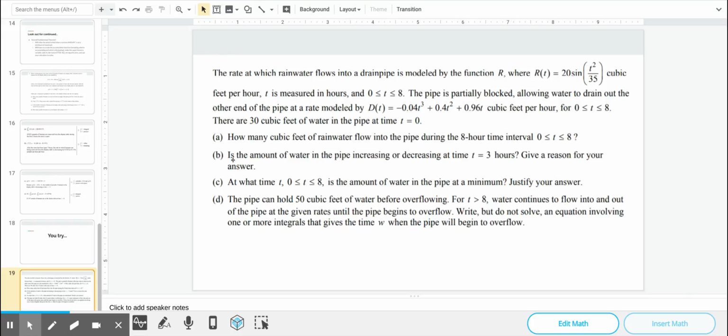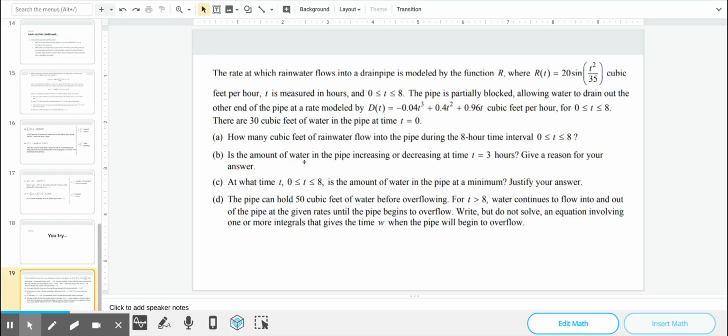So roll through here. The one I want you to be extra careful with is part C. This one's a little bit different. We're trying to find when the amount of water in the pipe is at a minimum. So I want you to go back to the part of the video that talks about how we find a minimum amount. You're going to have to create an accumulation function.